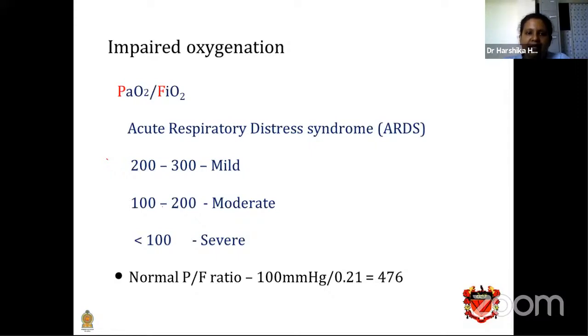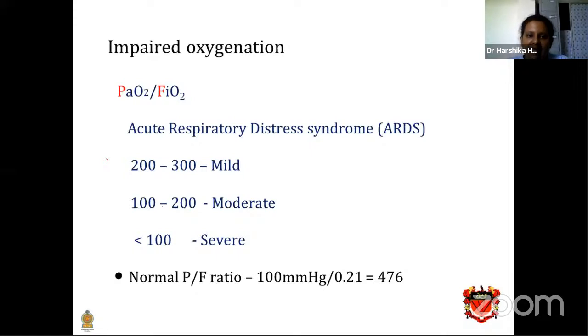But if it is less than that, that means either your FiO2 is high and the PO2 is low. It's simple mathematics. If the PO2 is lower and the FiO2 is higher, this ratio will be low.